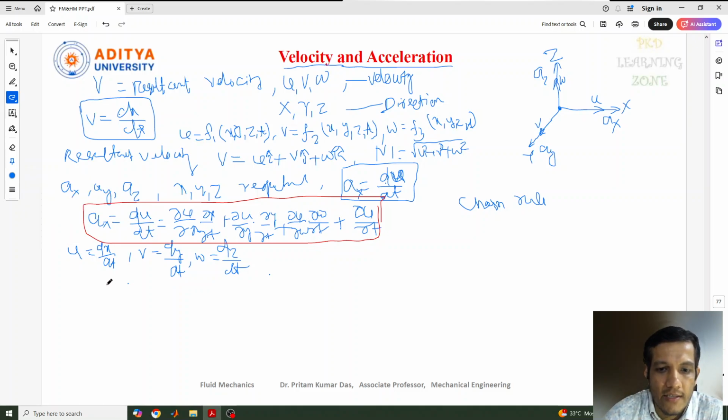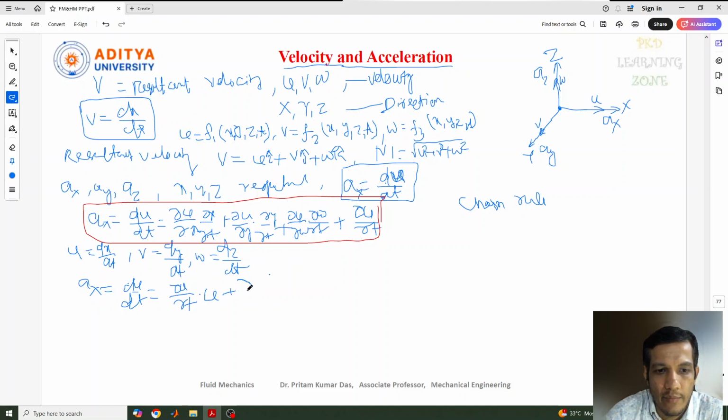So now again the ax term we can write, du by dt equal to what I have written here, del u by del x into this dx by dt, that one I can write in terms of u.